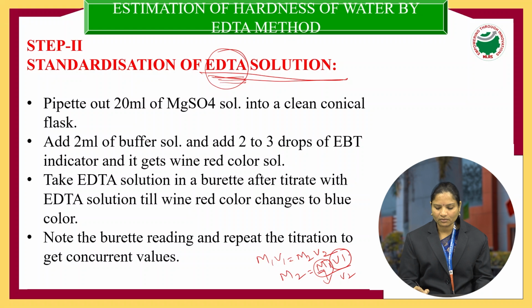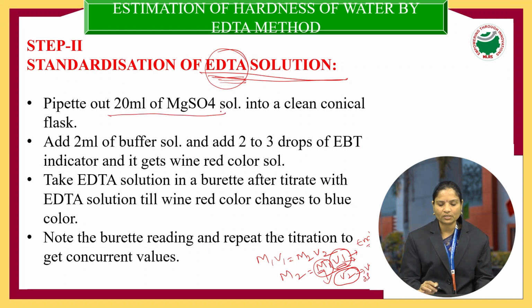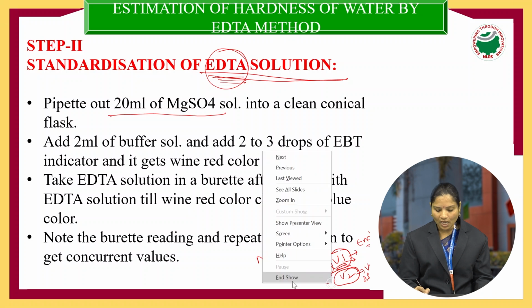Then V1, from step 2, from our end point, is the volume of EDTA solution. And V2, what is V2? Volume of MgSO4 solution. So 20 ml of MgSO4 we took in our conical flask. From all these values, we have to substitute in this formula.